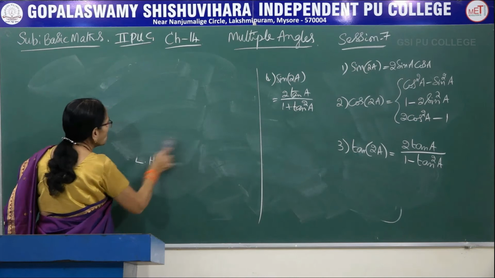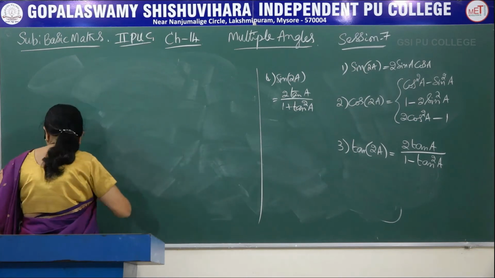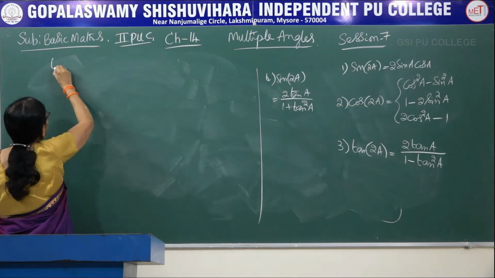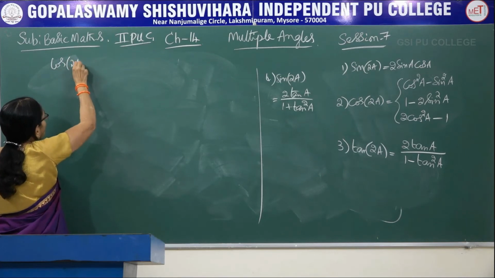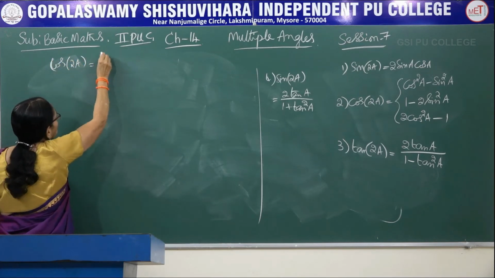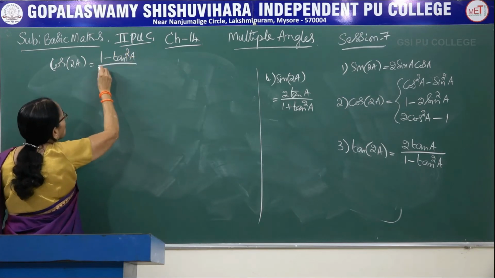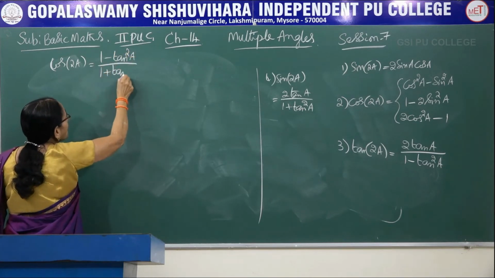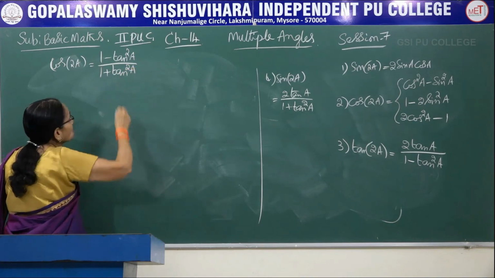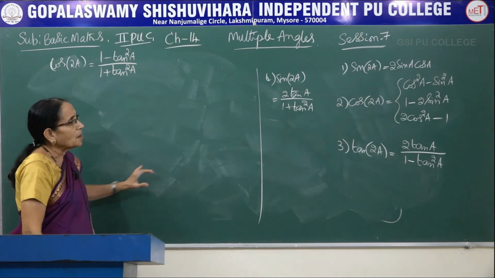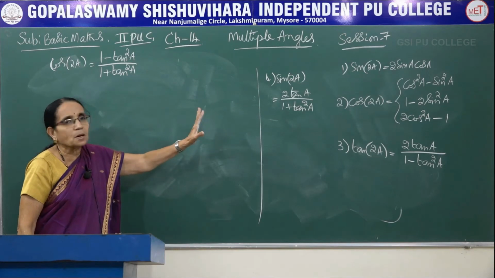Similarly, let me prove the other part, that is, consider, this is what I have given you the formula already. Cos of 2A should be proved equal to 1 minus tan square A over 1 plus tan square A. Here also, again you observe the formula for cos of 2A.